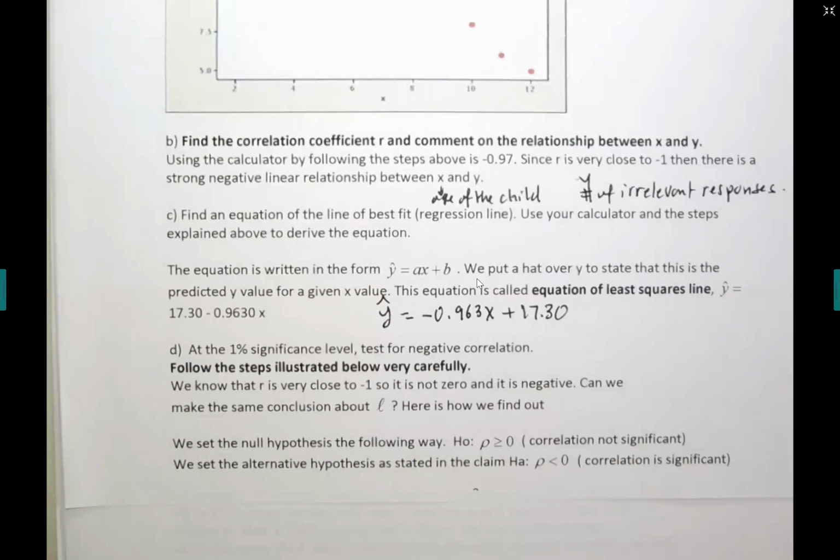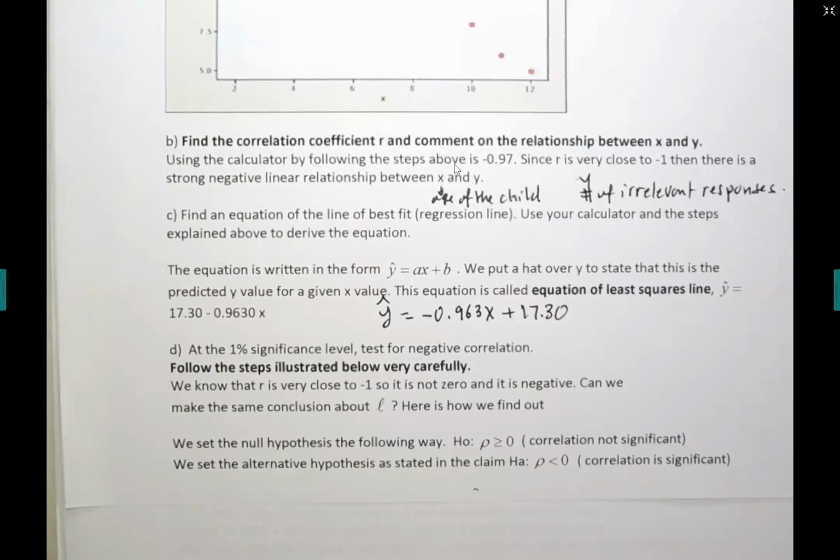Is there a general, global linear relationship always between the age of the child and the number of irrelevant responses, even if we go outside of this sample, to the entire population? So r was derived from the sample, but can we generalize and say that there is a linear relationship between x and y for the entire population? So this is the question now.